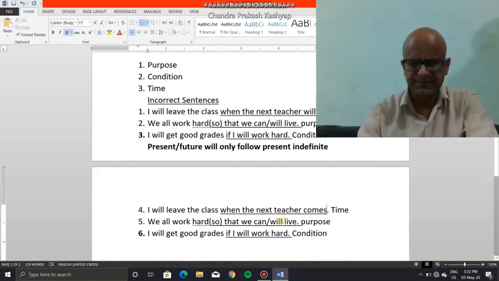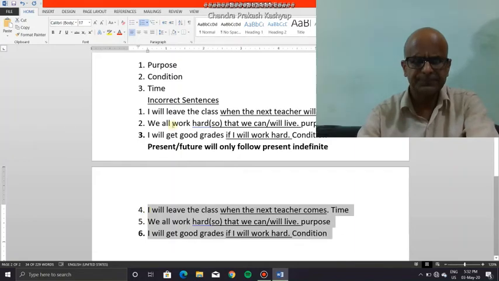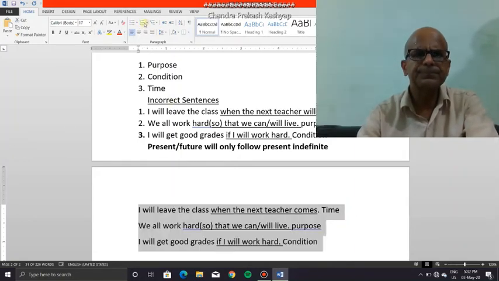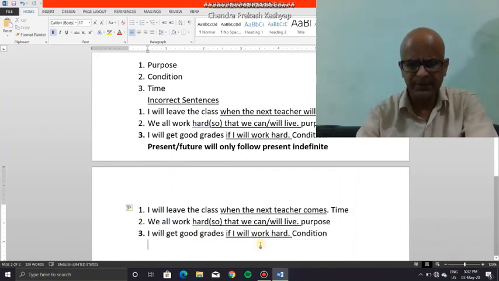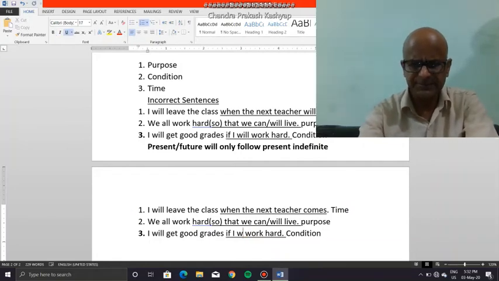Now, the second sentence we take in a little while. Again, here the future tense will have to be changed into present indefinite.